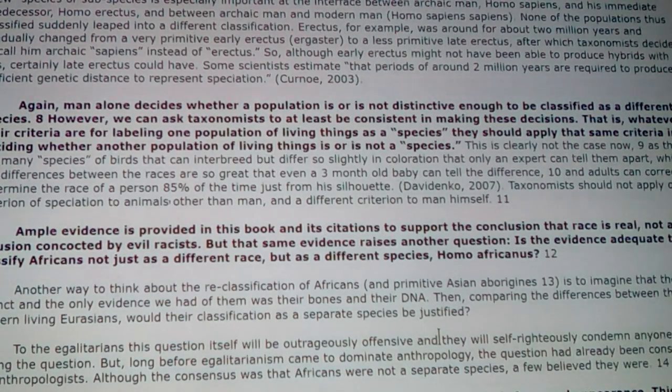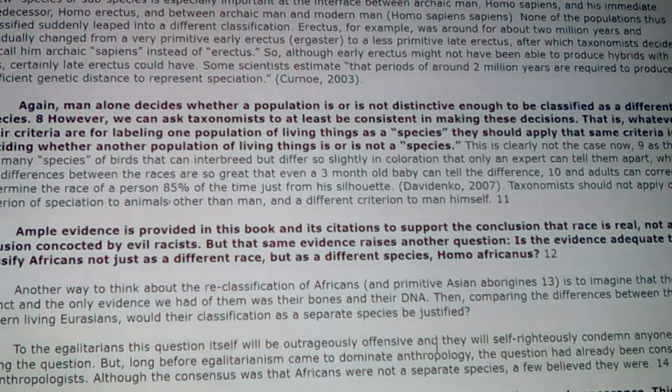A 3-month-old baby, at the point of being able to make eye contact and discern, can tell the difference. This has been noted in all kinds of tests that I think he's referring to and are well aware of. But David Inco in 2007 showed that you can tell someone from their silhouette.